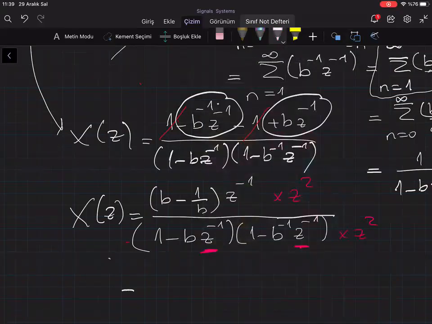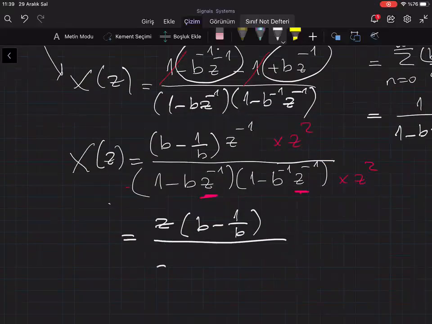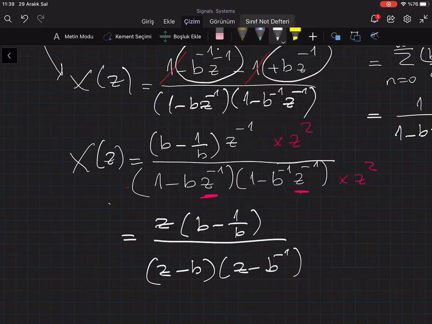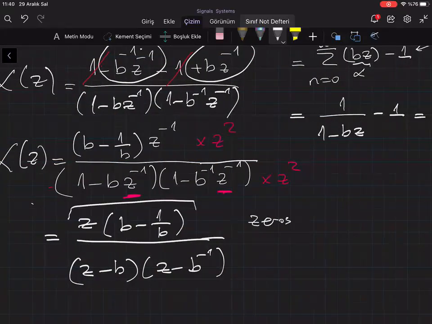So that's why now I'm going to write z times z squared. So z times b minus 1 over b, divided by z minus b times z minus b to the power minus 1. So what are my poles? Zeros. I need to find out the roots of this part, numerator.